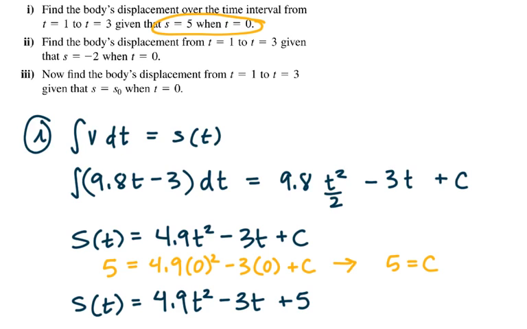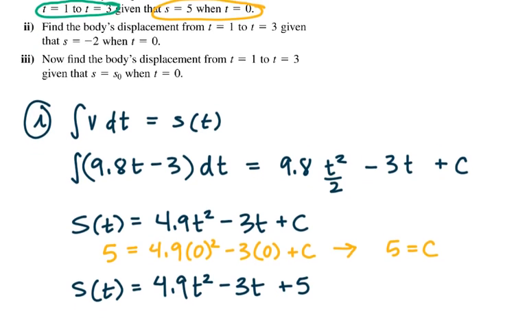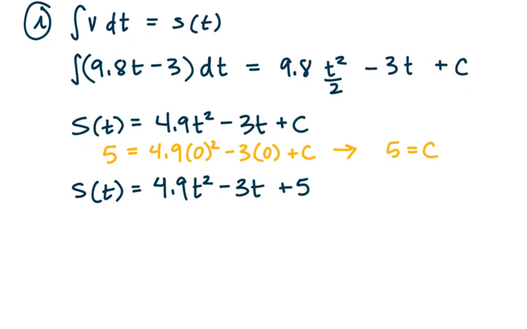So we're then asked to find the displacement from t equals 1 to t equals 3, which we see up there. So t equals 1 to t equals 3, we can find the position at t equals 1, s of 1, and we can find the position at t equals 3.